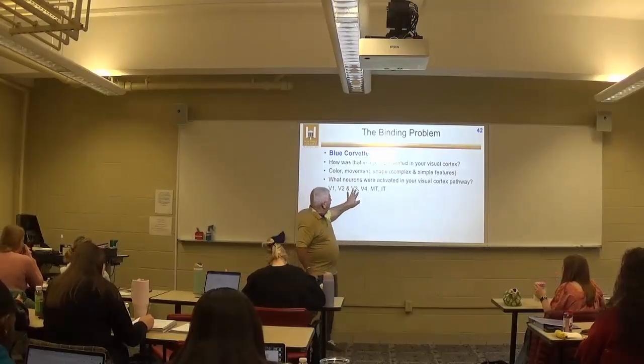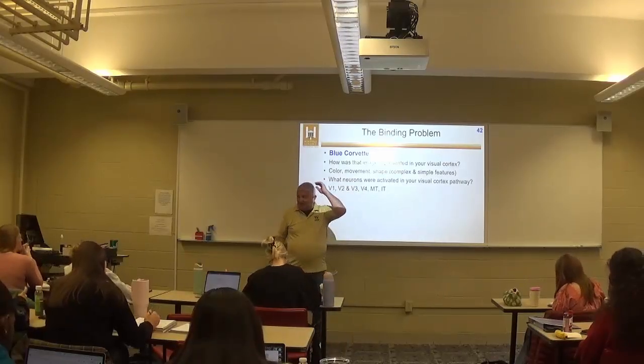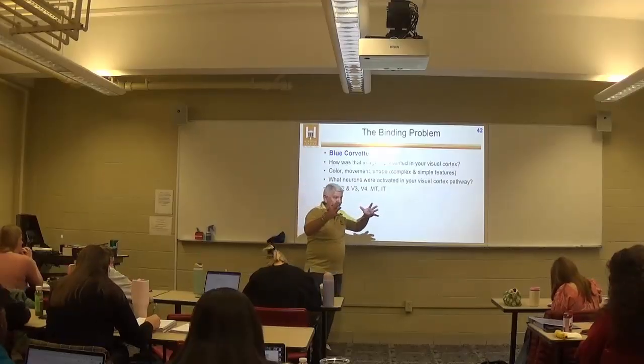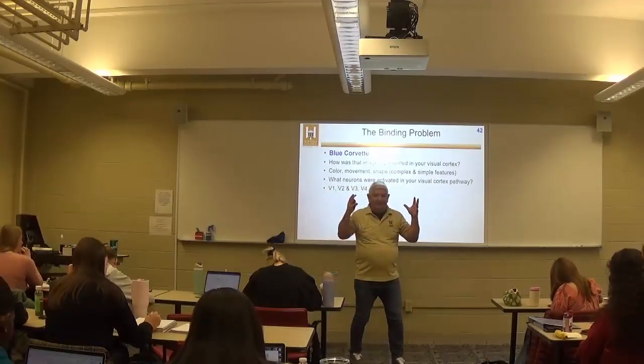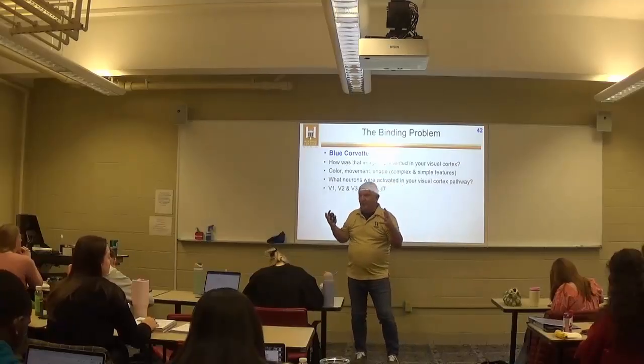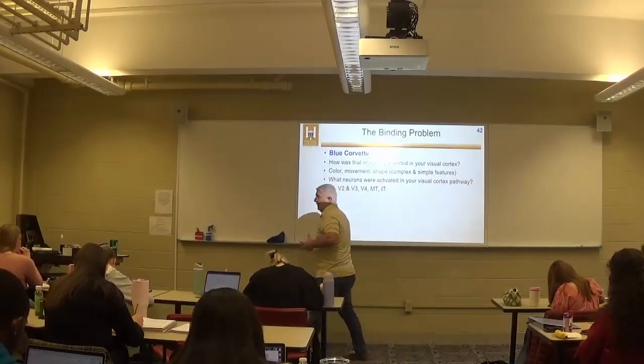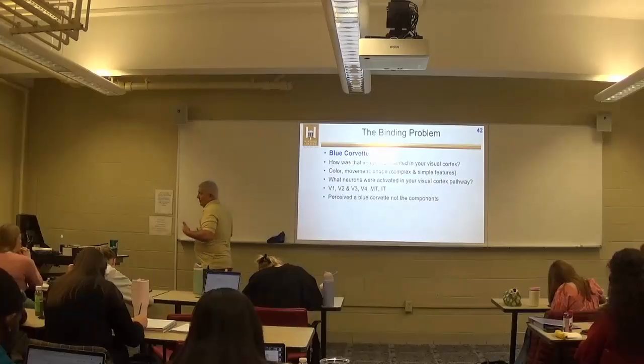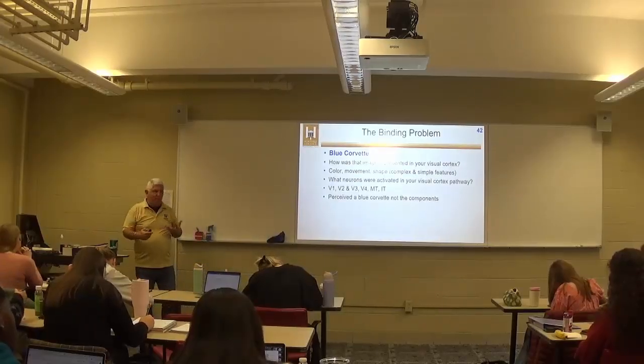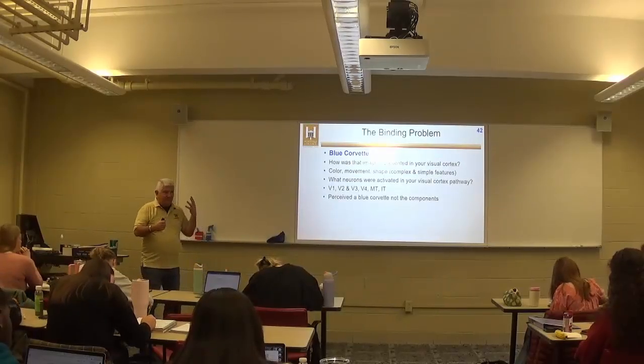How do we take areas of your brain that are spread out from your occipital lobe all the way up into your temporal lobe and cause it to be one perception very quickly? So you perceive that as a blue car, a blue Corvette, not as wheels and doors and windshields all separate.